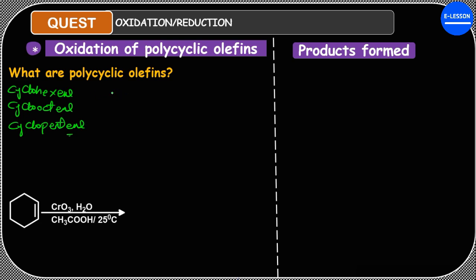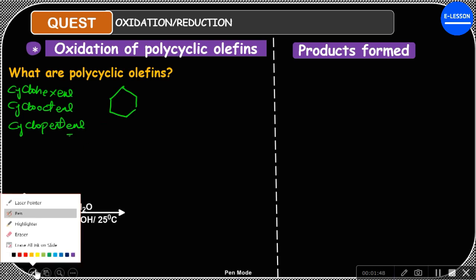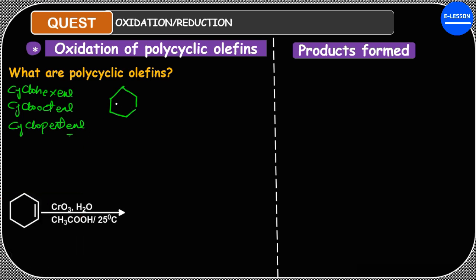For instance, cyclohexene will be the main focus of this lecture, since that is the one that is in our material and that was the one that was actually discussed. So we have this as cyclohexene, which has a double bond here like this. This is the benzene structure. Cyclohexene has this representation.